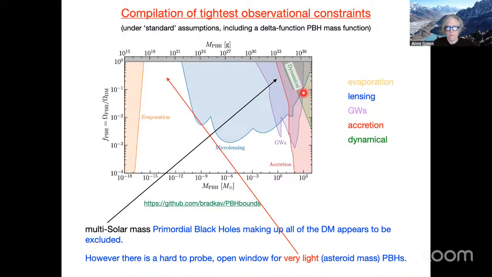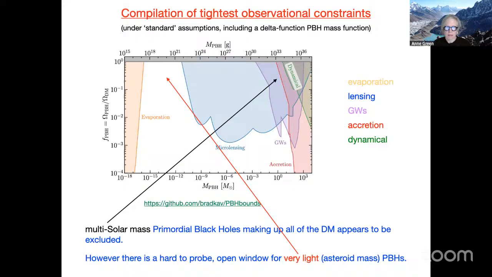And then also, if you had the dark matter being made of very massive black holes or other compact objects, they would have all sorts of dynamical effects on the stars we can see. Wide binary stars would be disrupted, and the stars within dwarf galaxies would be heated. So once you get to very massive primordial black holes, there are tight limits.